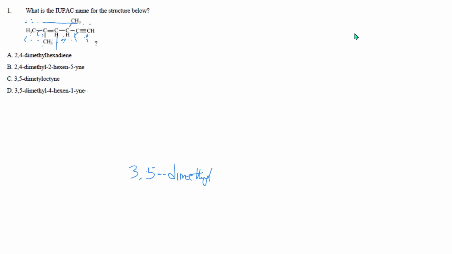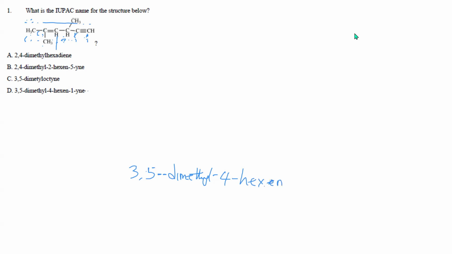So we are going to have a hyphen, because between number and letter is a hyphen. So we now have 3,5-dimethyl, then 4-hexene, because of the double bond.